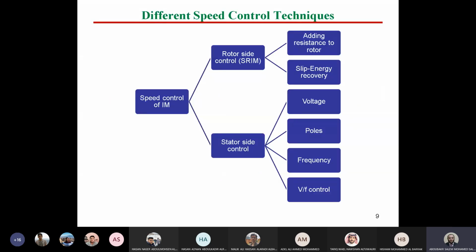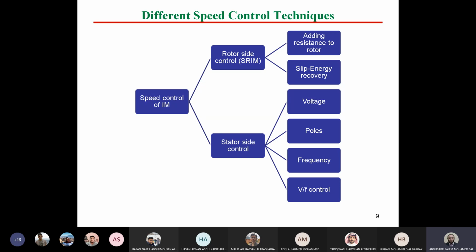So we classify the speed control, guys, into 2 parts. One is related to the rotor side, because we have 2 different types of machines. We have slip ring, and for slip ring induction machine we can add resistance. However, for squirrel cage we cannot.